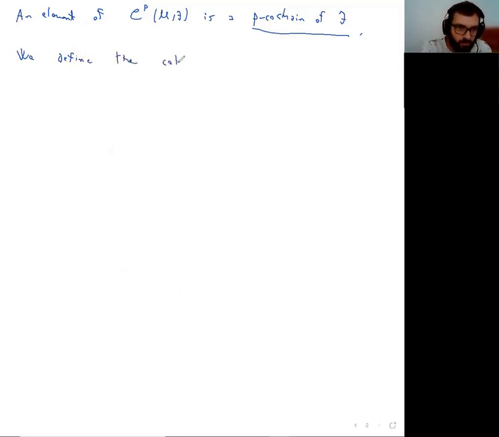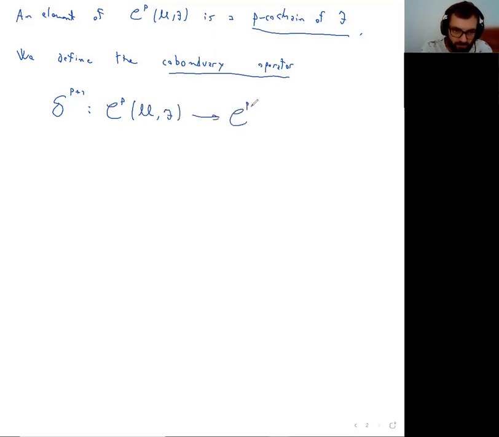So we define the coboundary operator delta P plus 1, and of course we will often drop this P plus 1 index. It goes from C^P to C^(P+1).